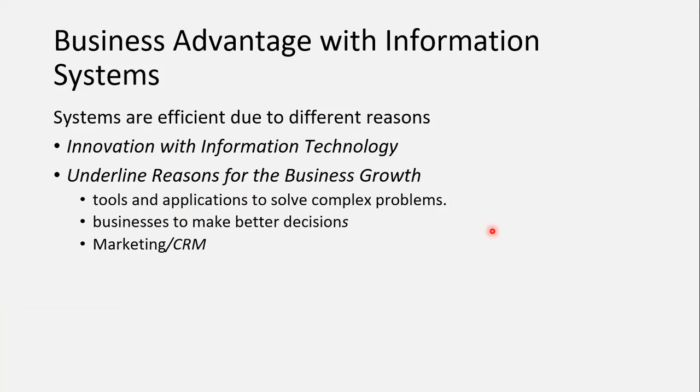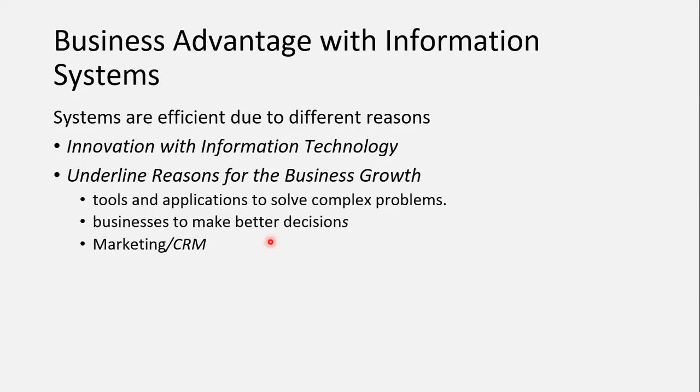Nowadays we have data science and artificial intelligence, because we are generating tons of data, millions, trillions, peta-scale data. So we can solve very complex problems with this data, and business can make better decisions in real time.